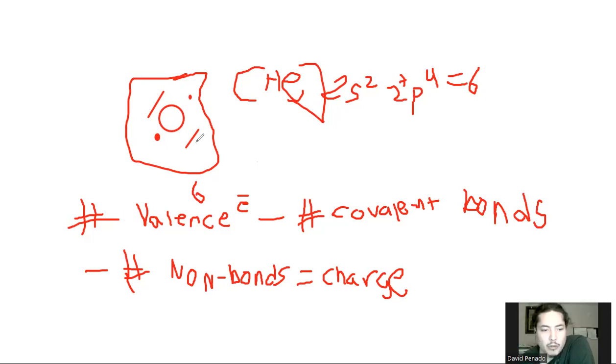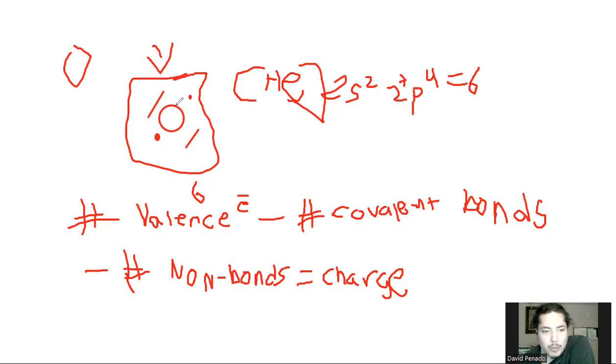The valence number is how many electrons are on the outside of the shell of this element, which is 6 electrons.